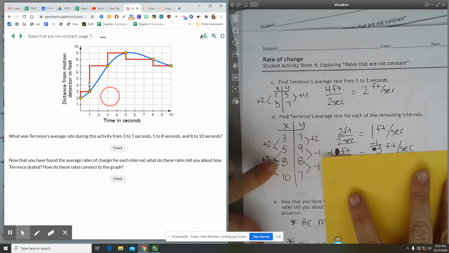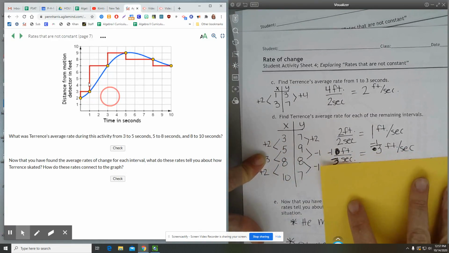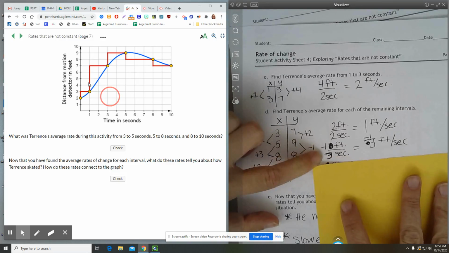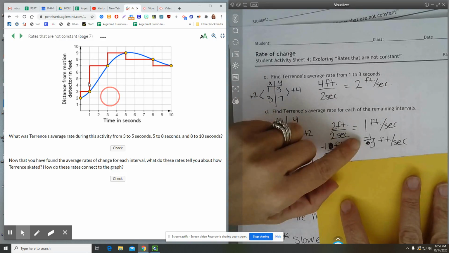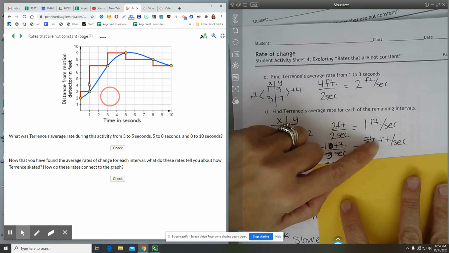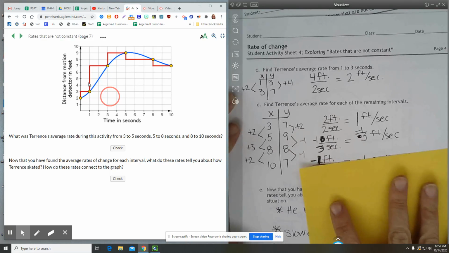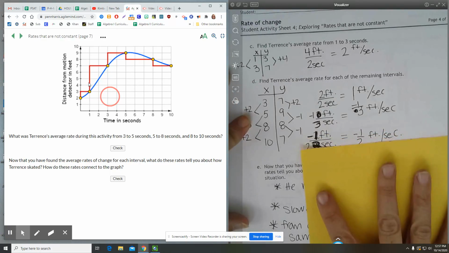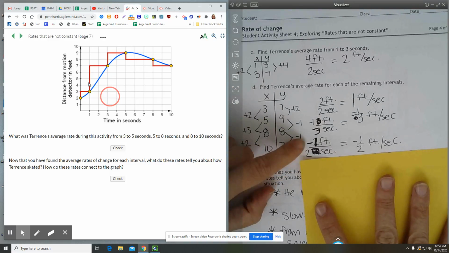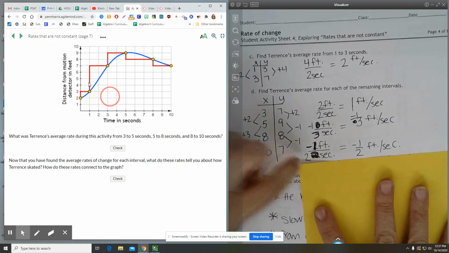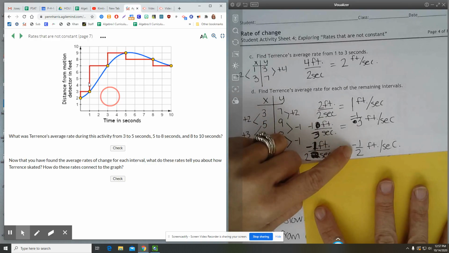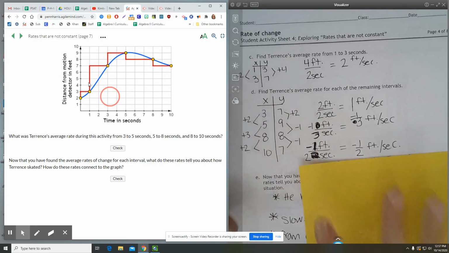From 9 to 8 and 5 to 8. He is going down 1 foot in 3 seconds. So his speed is negative 1/3 of a foot per second. And from 8 to 10 seconds, I apologize for my scribble here, guys. He is going down 1 foot in 2 seconds. Well, all that simplifies to down 1/2 foot per second.